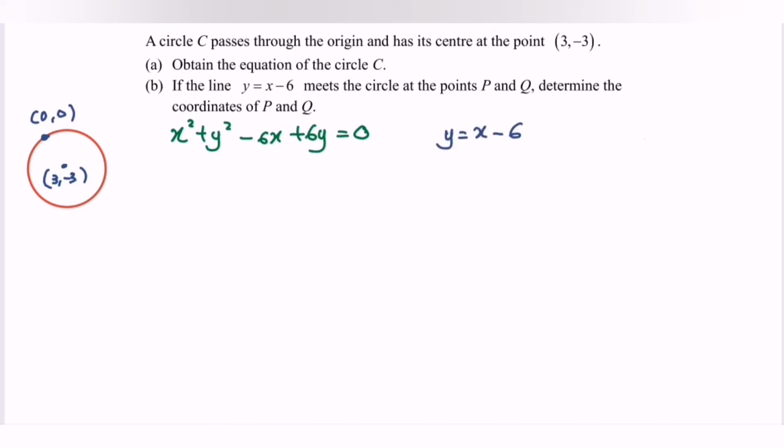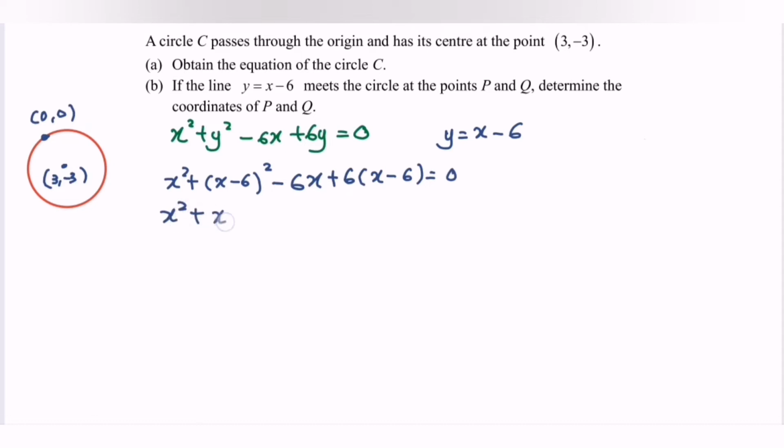In order to find the intersection, we substitute y into the equation of the circle. So here we will have x squared plus (x minus 6) squared minus 6x plus 6 multiplied by (x minus 6) equals 0. Kindly expand the situation.